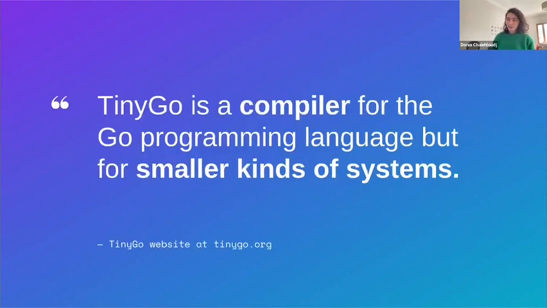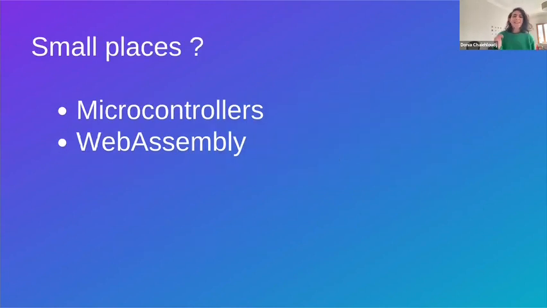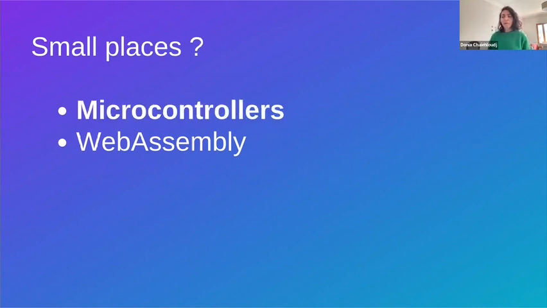TinyGo is a compiler for the Go programming language, but it's for smaller kinds of systems, like embedded systems. So what are these small places that I'm talking about? It can be microcontrollers, or it can be WebAssembly, like for browsers, servers, for example. But today, I will focus on microcontrollers. So this is a small place with a small memory, actually.